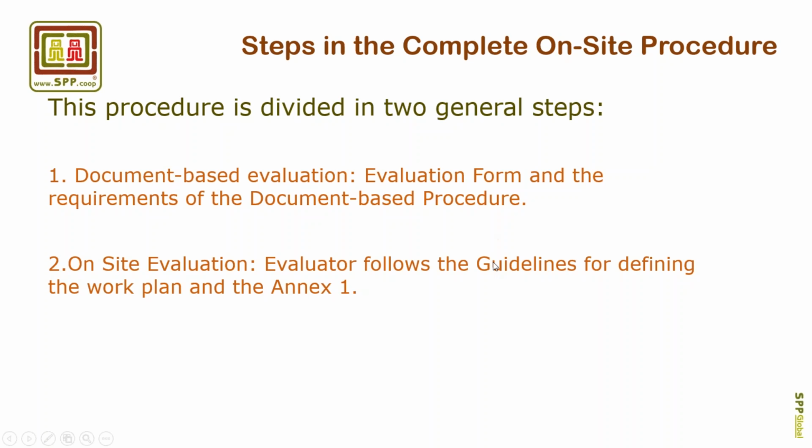These guidelines are another document in which the steps to prepare the work plan are specified, and the Annex 1 is an Excel file to calculate the number of days.